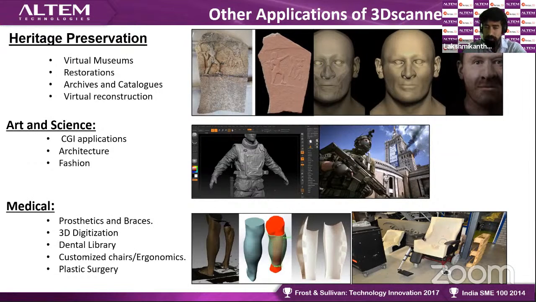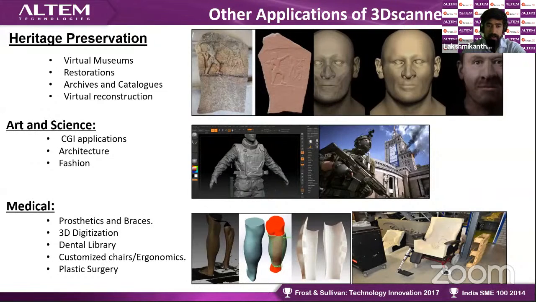For those kinds of applications, and in VFX applications, the 3D scanner is also getting used. And also in the fashion industry, in order to make custom dresses for celebrities, they will scan the physical body, take the measurements of the person virtually, digitally, and then from that we can create a complete dress. That is a kind of business that some companies are doing on the art and science side.